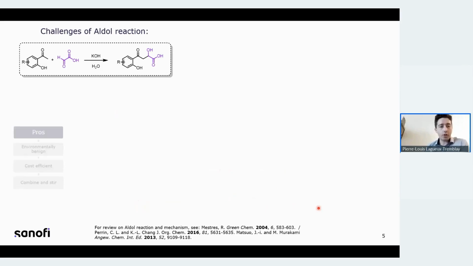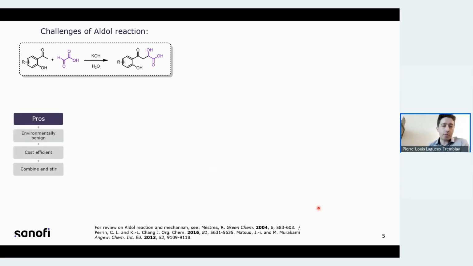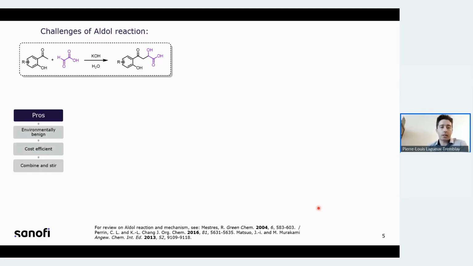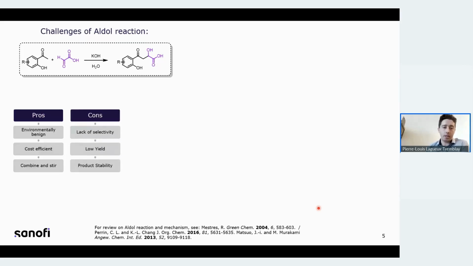So essentially, looking at this transformation particularly, we can see that it's very attractive. It's very benign, cost efficient, and in most cases you just combine and stir. But as I just explained, the lack of selectivity, low yield, and product stability make this process very challenging to implement on scale, because the outcome is very difficult to control.